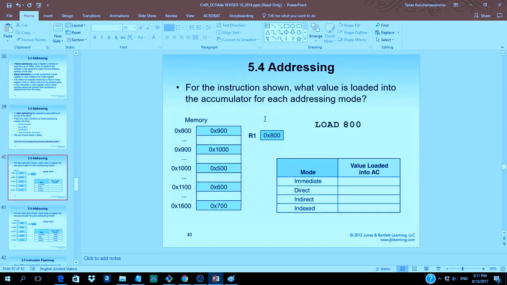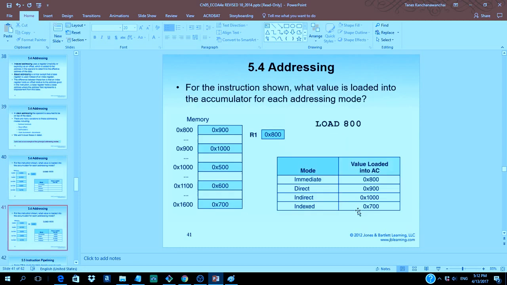And this is the address 800. So 800 added to 800 becomes 1600. We're not adding to the value, we add to the address, because it's like an array, right? Index. Yeah. So you get 1600. So that's why the value is 700. So for the test, review this section.